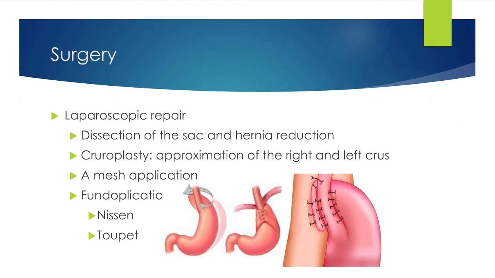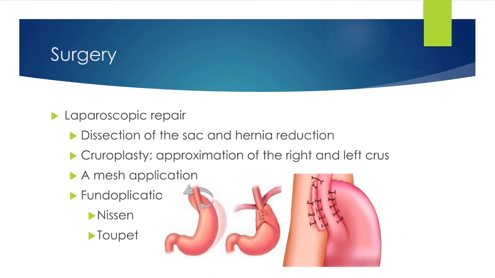It has to come freely with no tension. And then we wrap it around at 360 degrees like this, and we do sutures. It has to be short and it has to be floppy. So a short, floppy Nissen fundoplication is the most proven form of surgery that helps to prevent reflux.